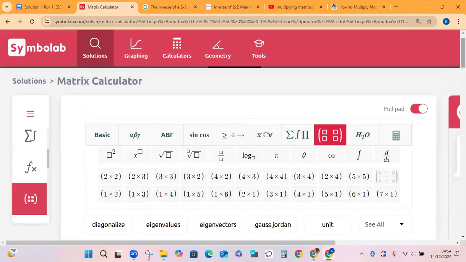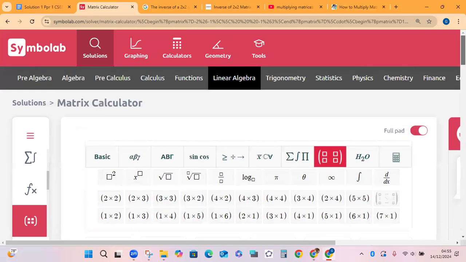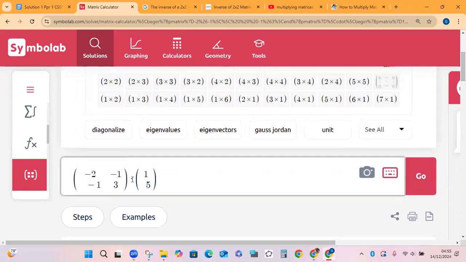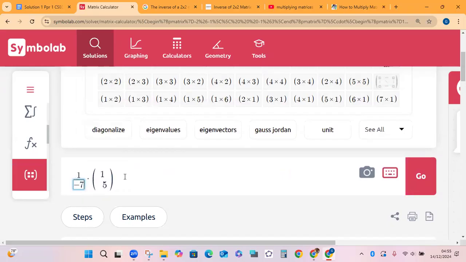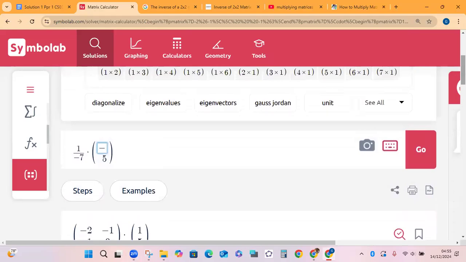Now we're going to multiply that negative 7 over 14 by the constant we had left outside. The constant was a fraction, 1 over negative 7. Now we're going to multiply a matrix by a number.